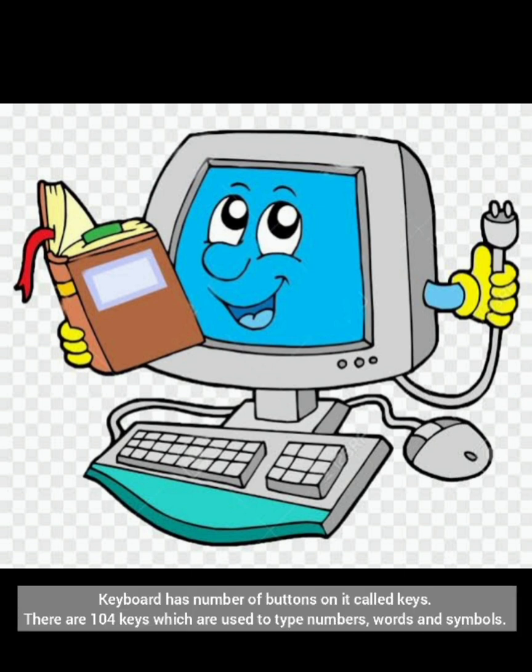So students, what we have seen in this chapter, the keyboard, which is an important part of computer and it is used to write on the computer. Okay, and keyboard has number of buttons on it which is known as keys.